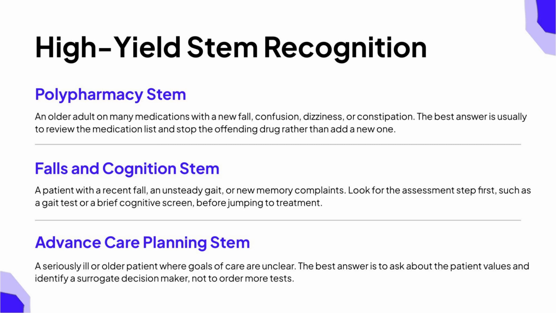And for advance care planning, the stem is a seriously ill or older patient where the goals of care are unclear. The best answer there is to ask about the patient's values and identify a surrogate decision-maker rather than ordering more tests. These three patterns cover a huge share of the geriatric questions you will face.